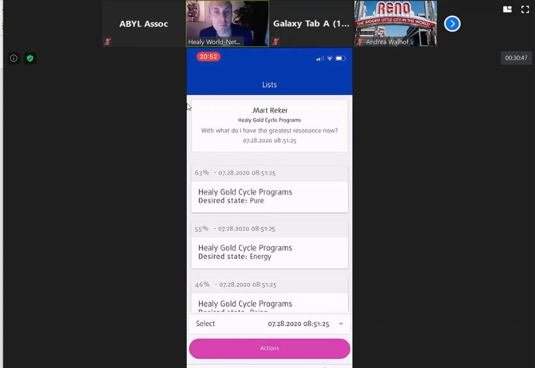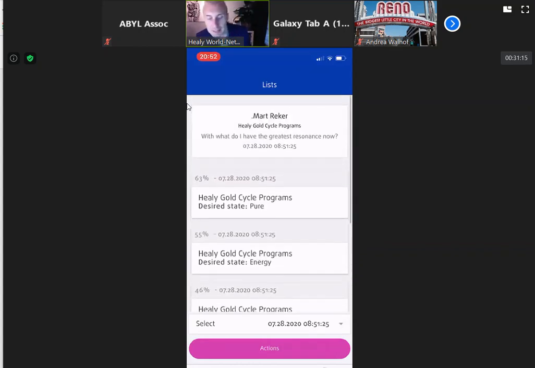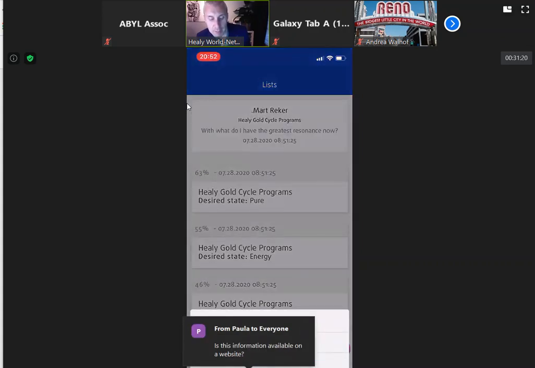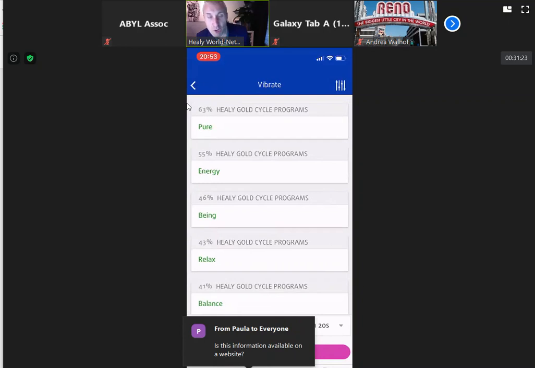It's only sending frequencies like a radio signal to my energy field, to my information field. And it cannot do all 400 frequencies at the same moment. So what it is measuring with this is the most important frequencies from each program. So the Pure maybe has like 10, the energy maybe has 10, the being has maybe 10. And I can send these most important frequencies right now. I can make a PDF, but I can send it as a vibration mode.